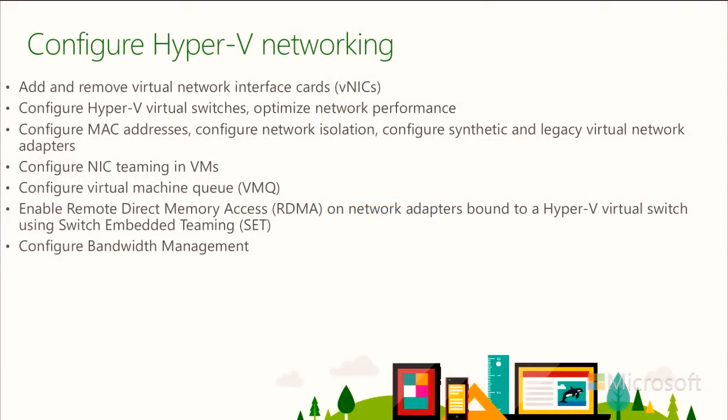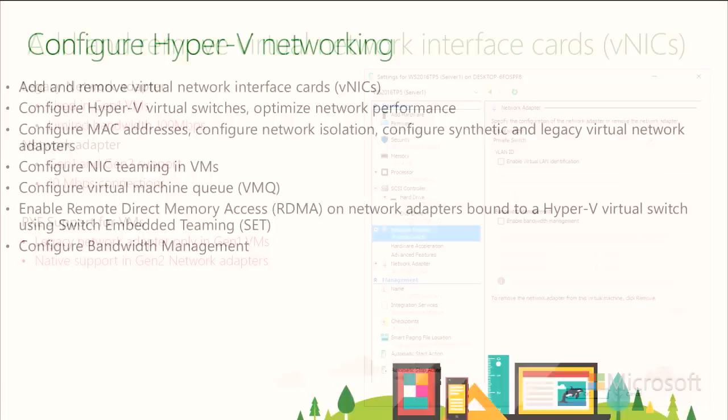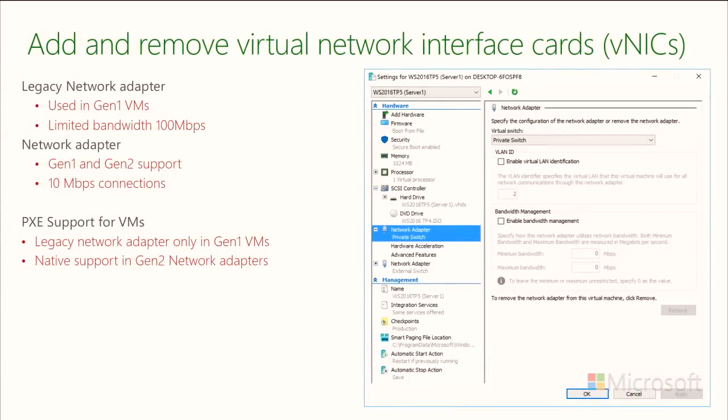We also have configuring Hyper-V networking, which goes into setting up your VNICs, dealing with MAC addresses, VM queues, remote direct memory access or RDMA, as well as configuring bandwidth management. Here is an example of where you would add or remove your network interface card. This is typically seen when deciding the type of network adapter to use.